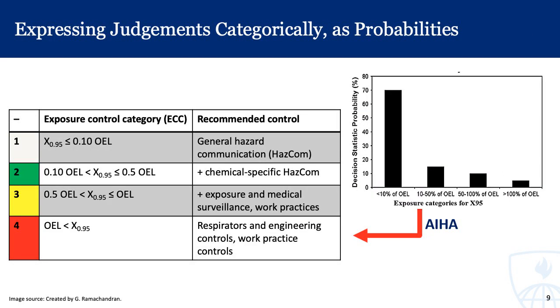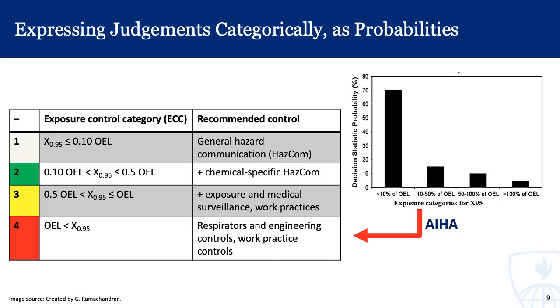An alternative way to communicate the same type of information is to express judgments in terms of categorical probabilities. What I'm showing here on the top right hand corner is a decision statistic saying what is the probability that the 95th percentile is located in one of the four AIHA categories.